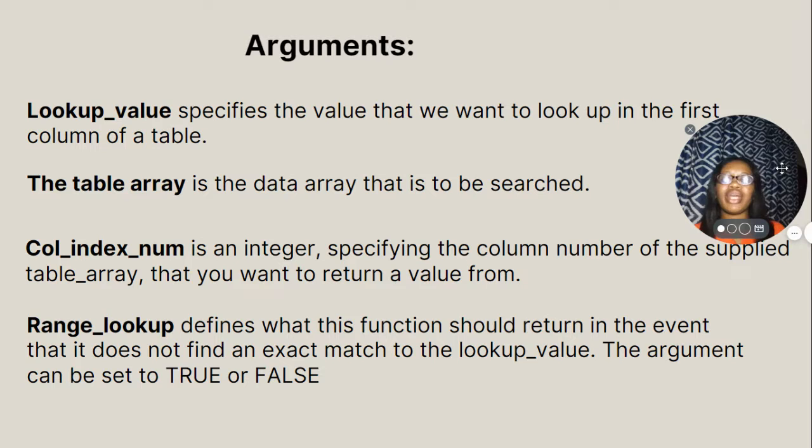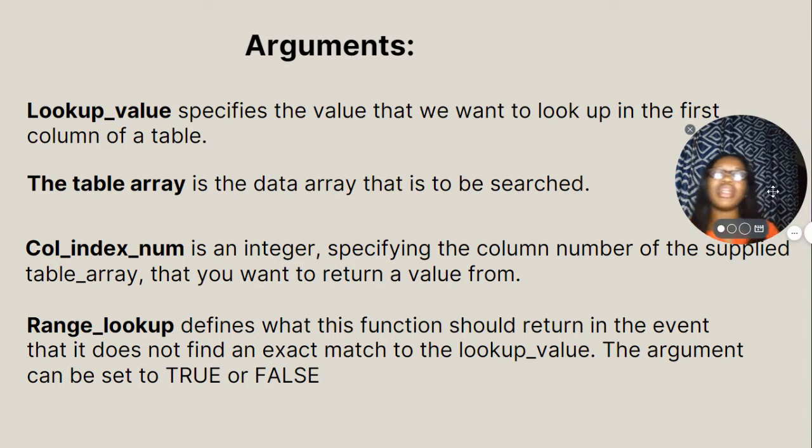The table array is the data array that is to be searched. The column index number is an integer specifying the column number of the supplied table array that you want to return the value from. We also have the range lookup, which defines what this function should return in the event that it does not find an exact match to look the value up.